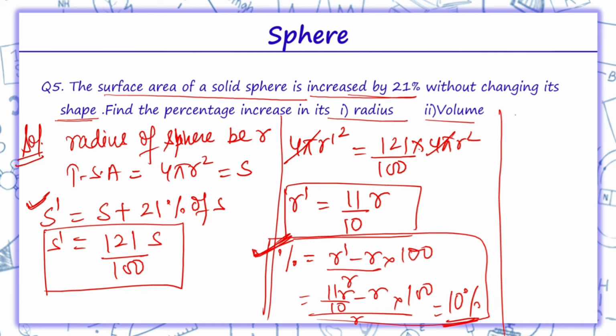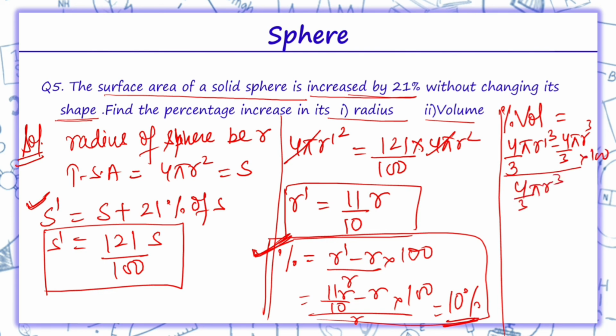Now next what we have to calculate? Percentage change in volume. So again it will be 4 by 3 pi r dash cube minus 4 by 3 pi r cube by the original volume 4 by 3 pi r cube into 100. Now here 4 by 3 pi and 4 by 3 pi will be cancelled out. What is the value of r dash? 11 upon 10.